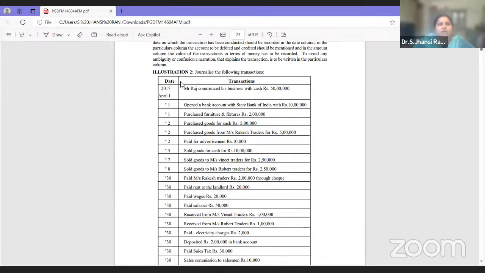So when we start writing the journal entries, the first one says, journalize the following transactions. Before writing these entries, we should know the three accounts we discussed in the earlier class. They are personal account, real account, and nominal account.